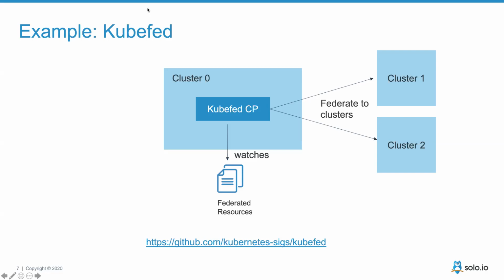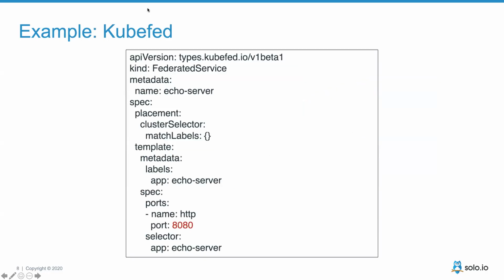Now, Kubefed is basically an extension of Kubernetes. They use CRDs to specify what resources should be federated. And they use a management plane, or in the Kubefed literature, they call it a control plane, but it manages multiple of these Kubernetes clusters. Each of the Kubernetes clusters obviously has its own control plane. So the Kubefed management plane watches these federated resources and then applies them to the different clusters under its umbrella.